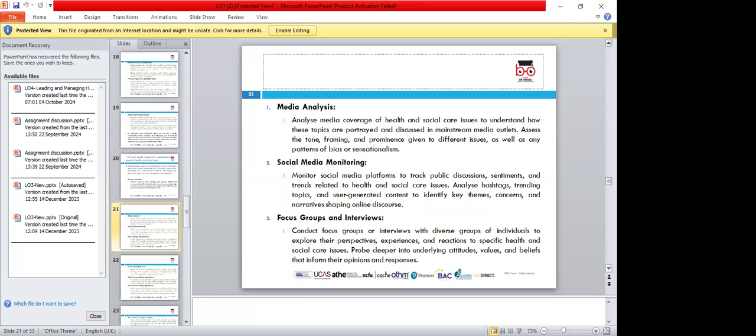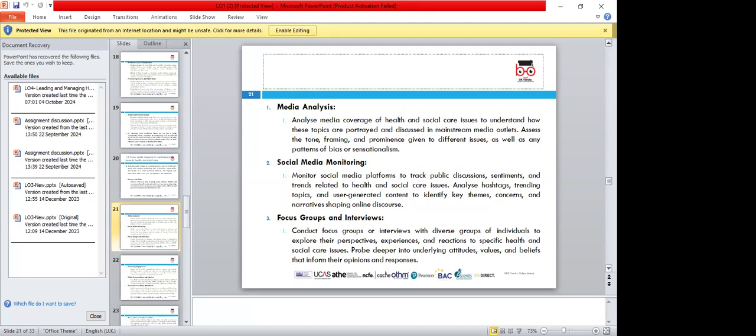Okay, so you have to analyze how the media coverage of health and social care issues are, to understand how these topics are portrayed and discussed in mainstream media outlets, and assess the tone, the framing, and the prominence given to different issues.